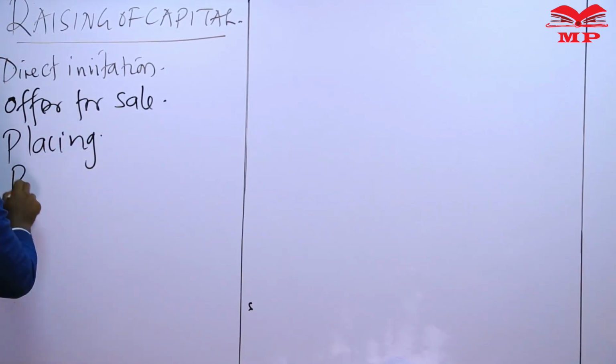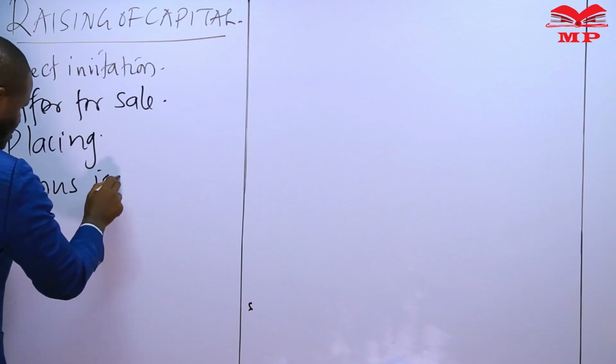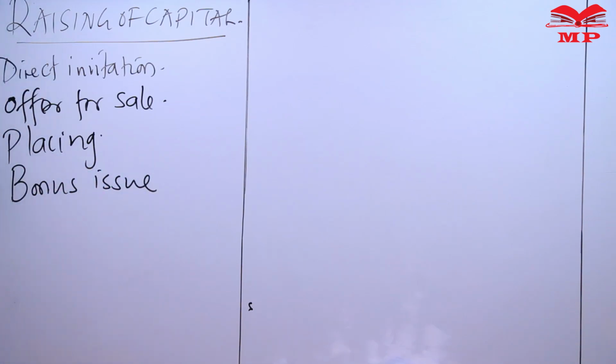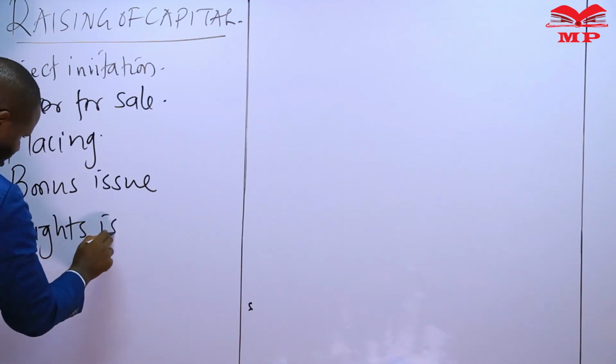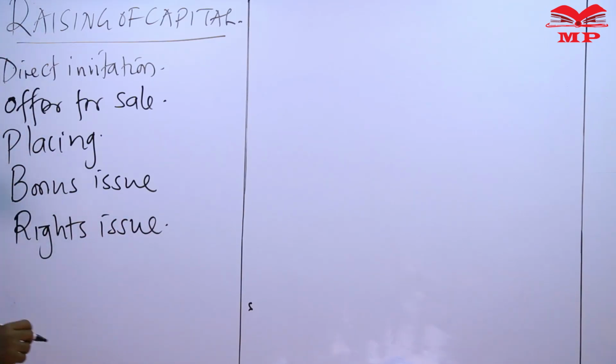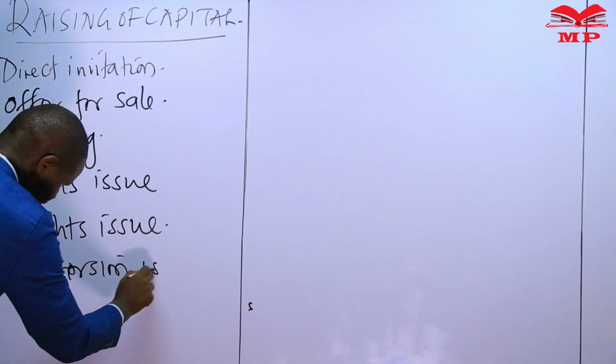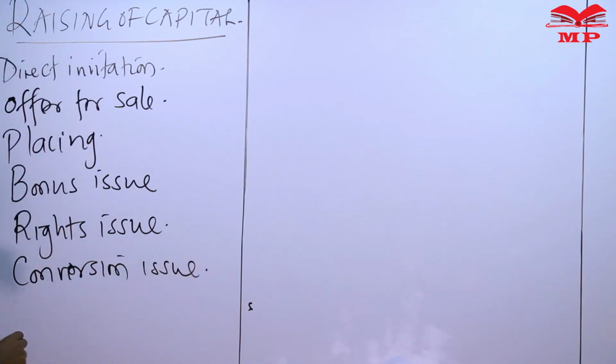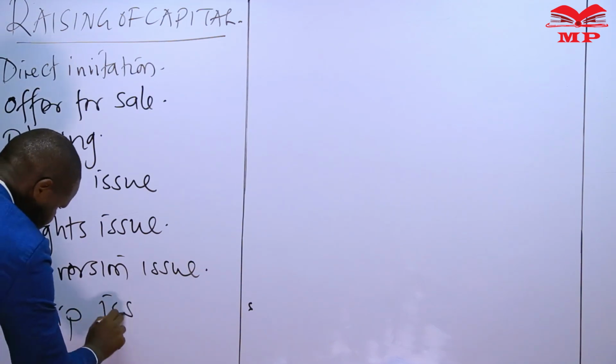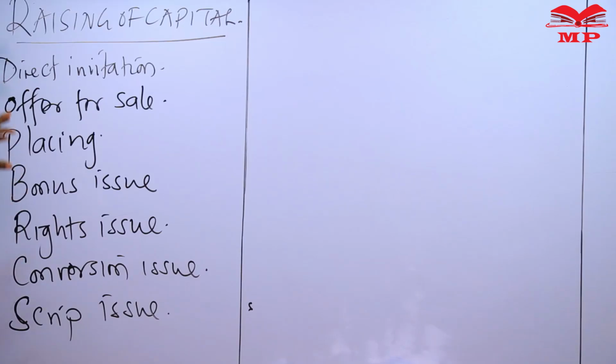We could also have a bonus issue of shares. It is also possible that we have a rights issue. We can also look at the possibilities of a conversion issue. It is also possible that we can have a scrip issue. So these are some of the ways that are available for the company to raise share capital.